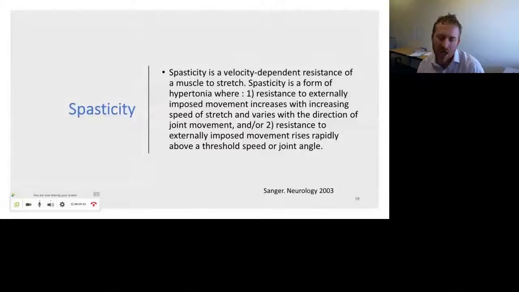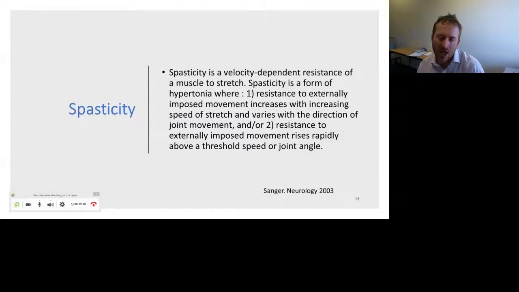So I guess most importantly and most commonly, spasticity, which probably represents at least 80% of the movement disorder in CP, is defined by this group as being a velocity-dependent resistance of a muscle to stretch. So a passive imposed movement where the resistance to that movement increases with increasing speed and varies with joint direction.